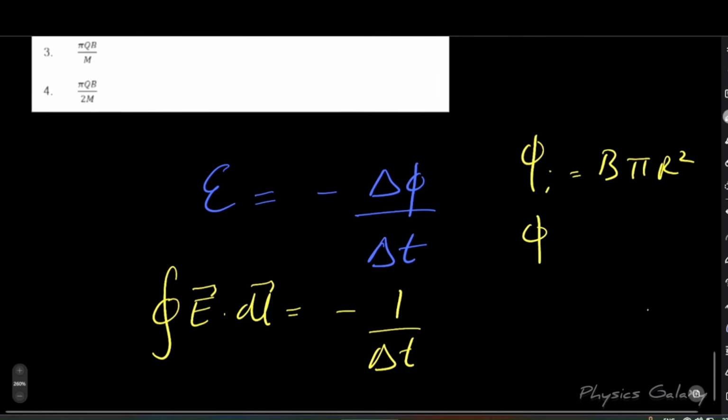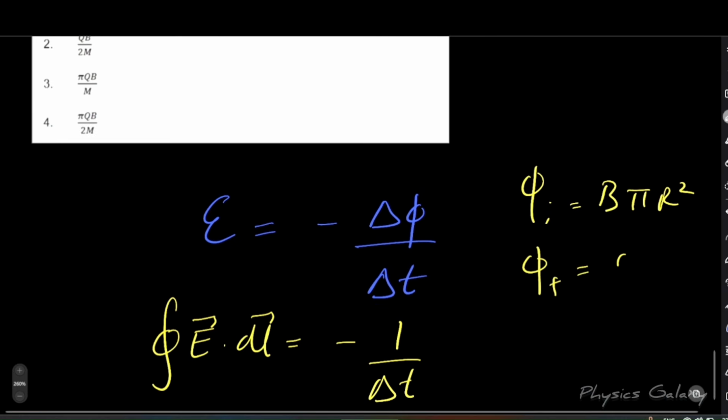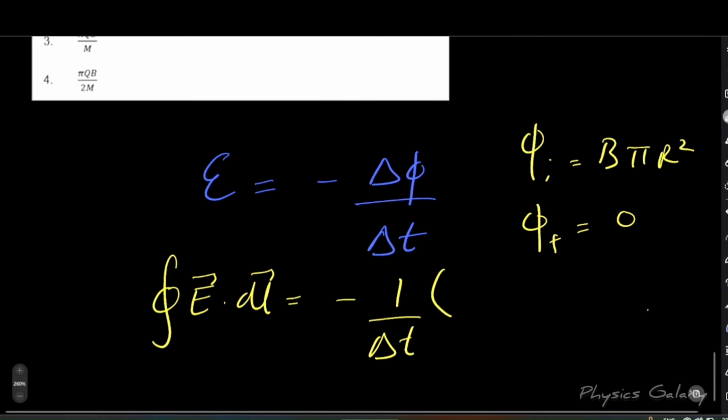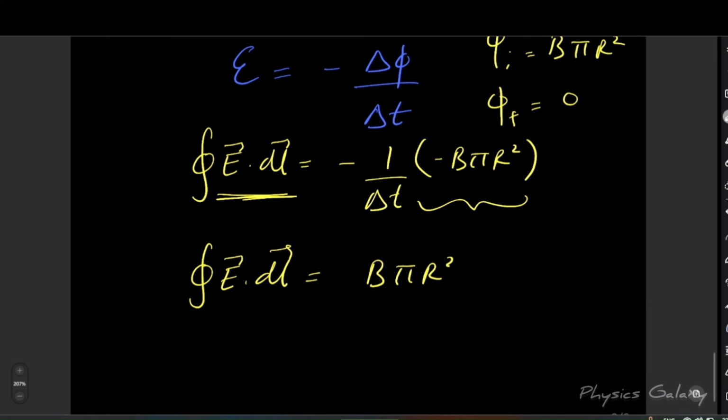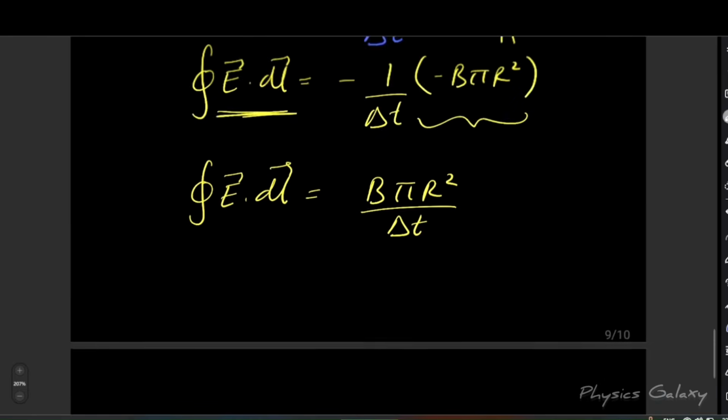Finally, the magnetic field is turned off, so the flux will be zero. So the change will be equal to minus B pi r square. So this will be the change in flux. Okay, and this change in flux will create the electric field. So we can say the EMF, electromotive force, will be equal to B pi r square by delta t, right? But we have to find the frequency.